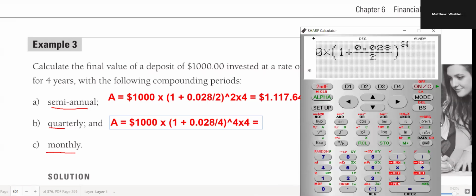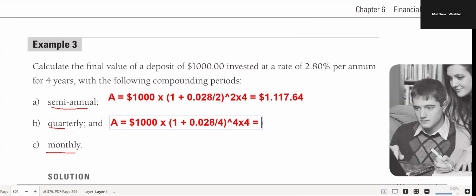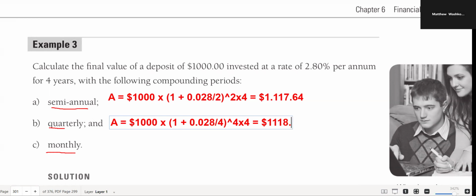So instead of 8 now, it's 4 times 4. Instead of 2, it's 4. $1,118.08.